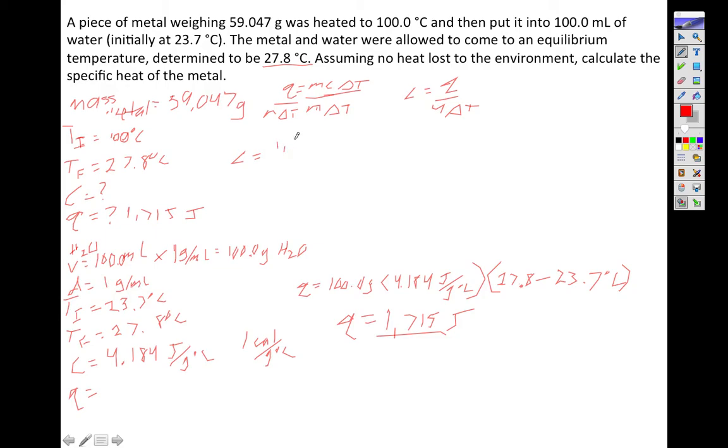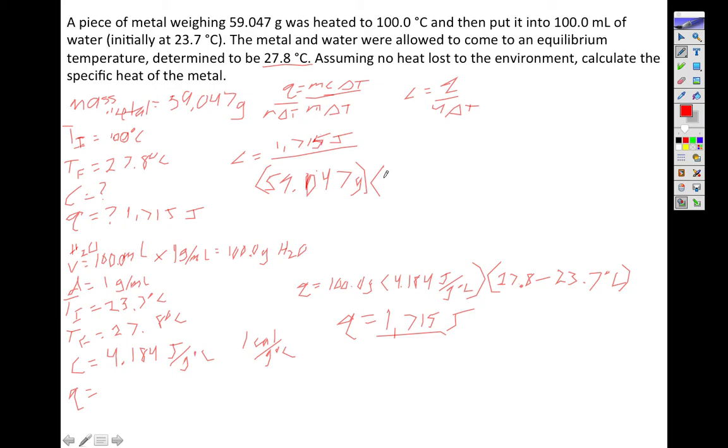So C equals 1,715 joules divided by my mass, which was 59.047, times my change in temperature.